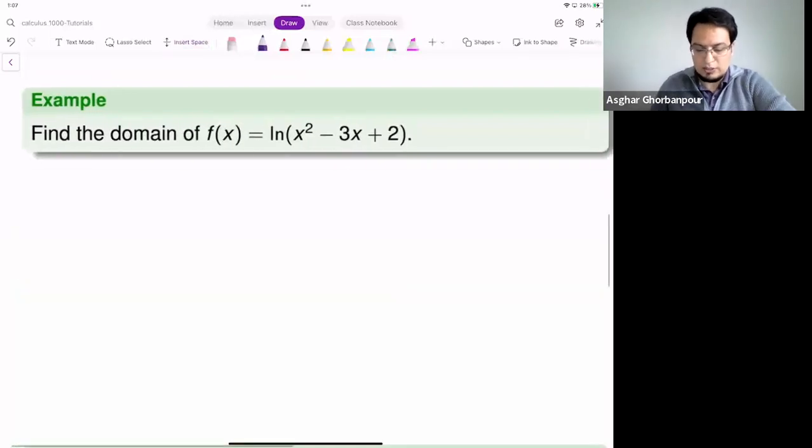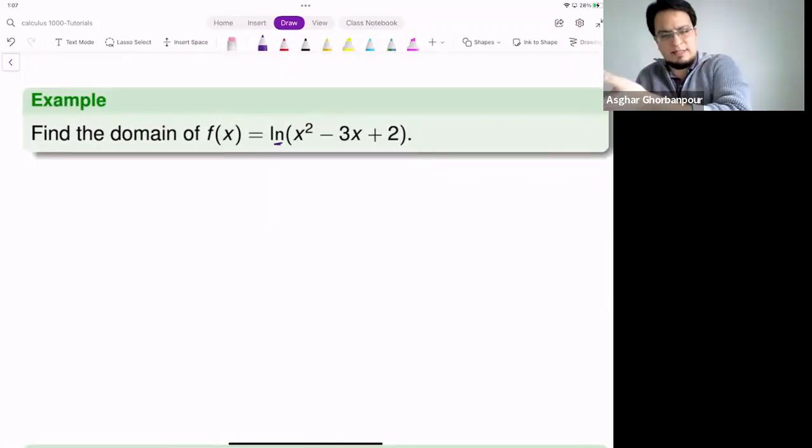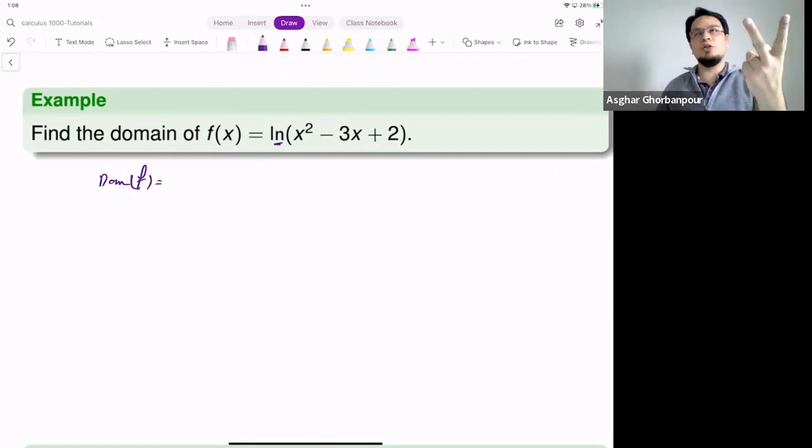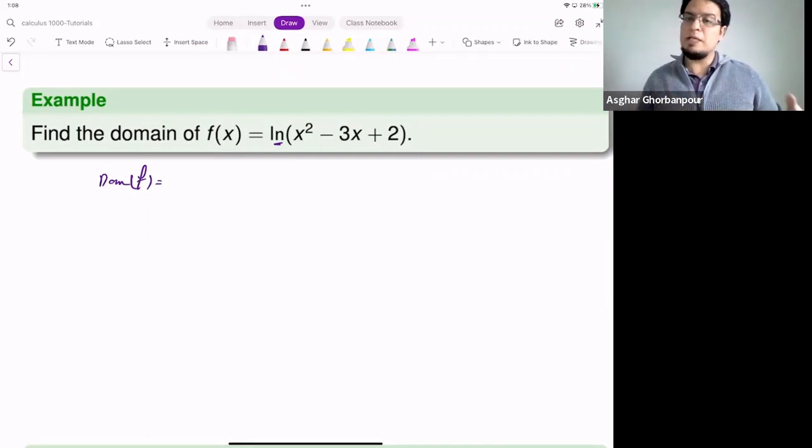Finding the domain of a log function. Here is ln. Ln is log base e. This is just a special way of calling log base e. We know the domain of a function. Remember that for domains, we had two restrictions. One, the denominator cannot be zero. Two, under even roots must be non-negative.